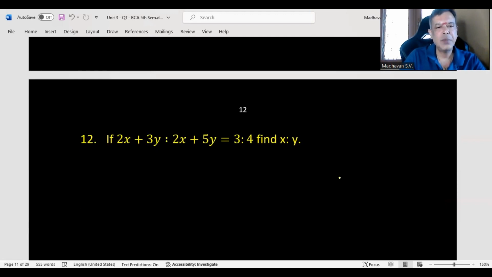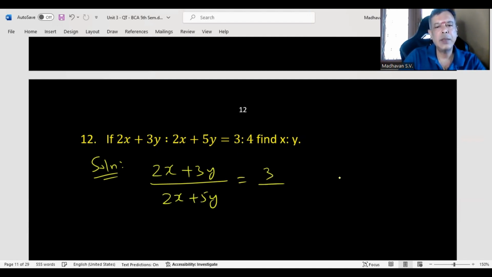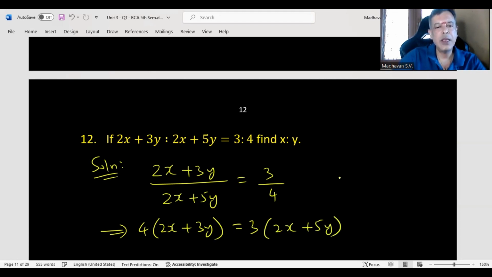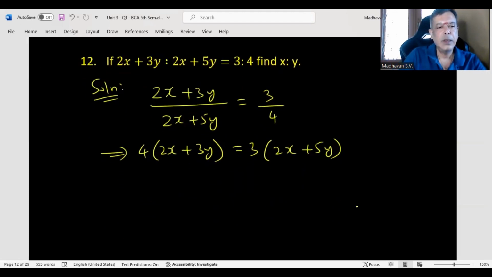Question says, if 2x plus 3y is to 2x plus 5y is 3 is to 4, find x is to y. So ratios can be written in terms of fraction as (2x plus 3y) by (2x plus 5y) is 3 by 4. Cross multiplying, we get 4 times (2x plus 3y) is 3 times (2x plus 5y). Again, multiplying inside the brackets, we get 8x plus 12y equal to 6x plus 15y.